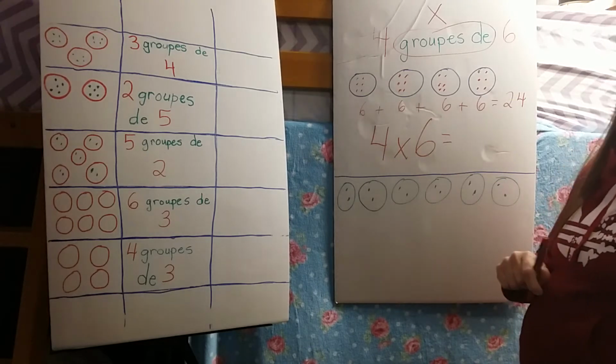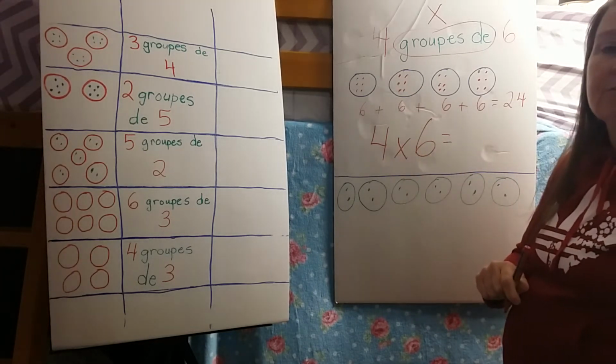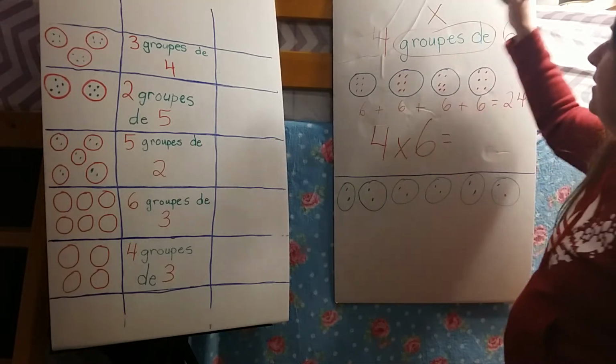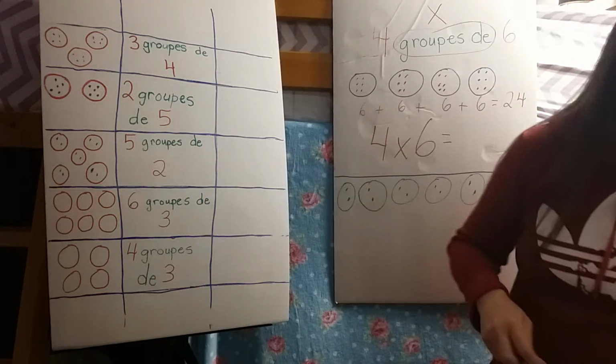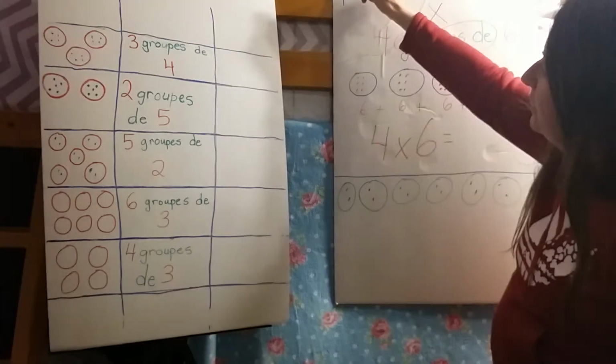I'm sure many of you have already seen that symbol other places. Sometimes they call it times. Sometimes they call it multiplying. I'm going to write it up here in a different color so it won't get mixed in.